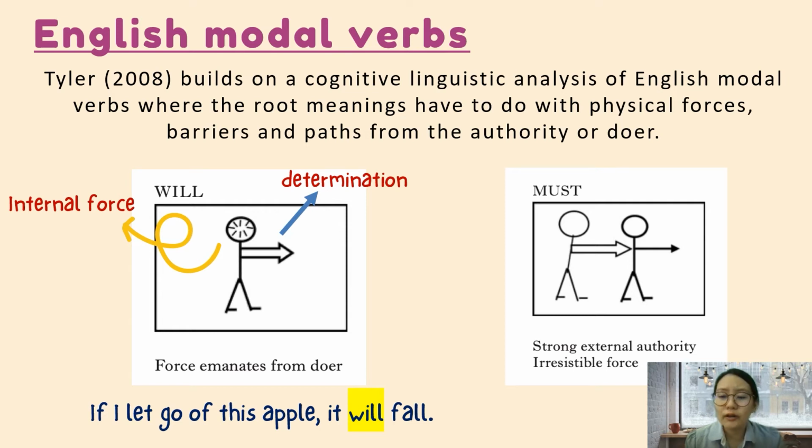It has strong external authority with irresistible force. Now look at this picture. The person here is the authority. So the doer can't make his own choice because he's being forced by the authority. For example, the sentence is, you must be home at 10.